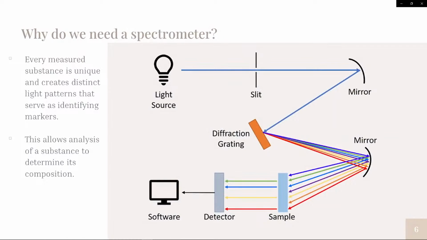We know that every substance that is measured is unique and it gives you distinct light patterns, which serve as identifying markers. It can be anything, from water to the most heterogeneous material. All of it has very distinct light patterns that we receive. This allows the analysis of the substance and allows us to determine its composition.